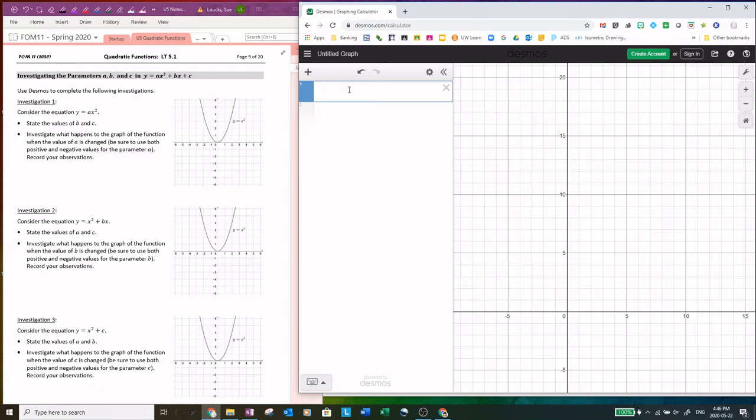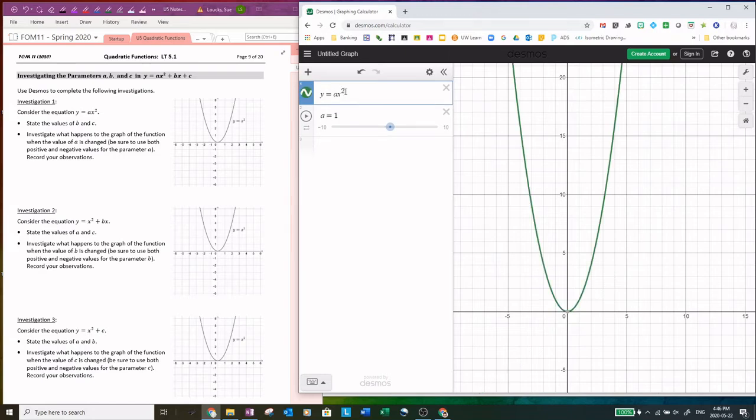If I go y equals a x, it says add a slider for a, and I'm going to say yes. Then I go back up here and finish my equation: y equals ax squared, shown in green.